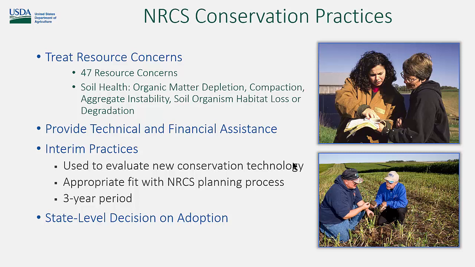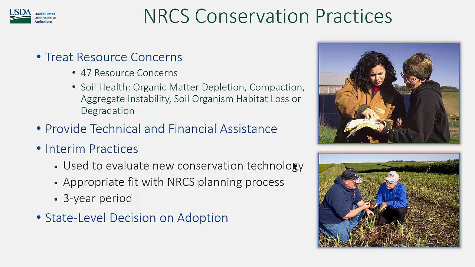And so these are issues that you'll find out on the landscape that you'll want to try to help producers improve or address. And so there are soil health resource concerns. So just to give you a glimpse, organic matter depletion is a relatively common one. So is compaction, right? And 2 new ones this year were aggregate instability and soil organism habitat loss or degradation.